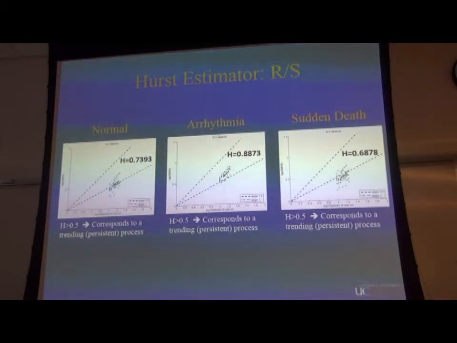And they do. I sampled them for a lot longer, and I do see the trends, especially with the sudden death. But for the sudden death, I couldn't find where the person died because that was a big data set.